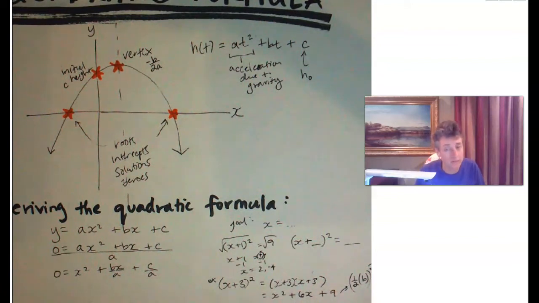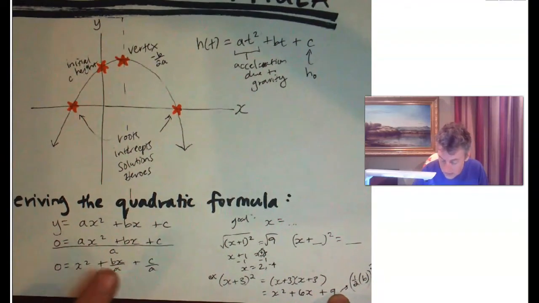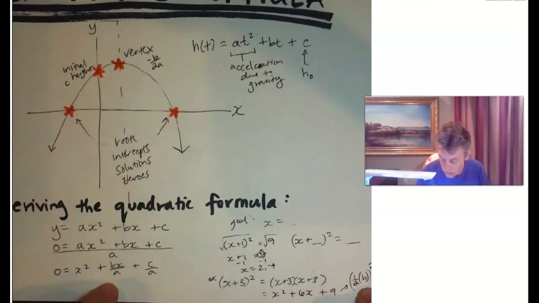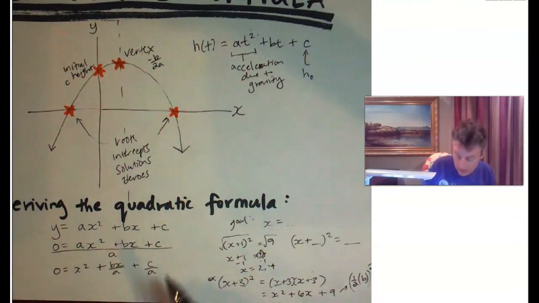Woo! You ready? About to start getting real crazy up in here. Okay, so we have an x squared term. Cool. We've got some term in front of an x. We need to make this last term only related to one half of this middle term squared. So we're going to move the third term over to the other side, get it out of the way.